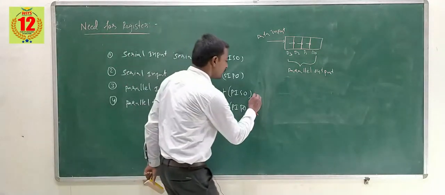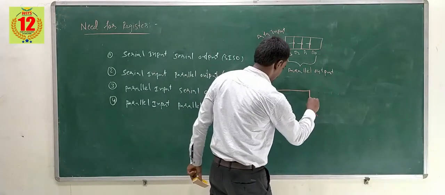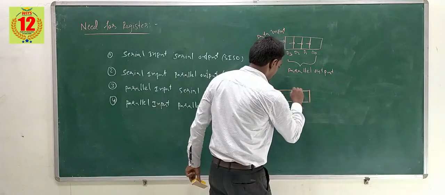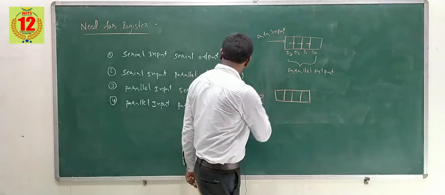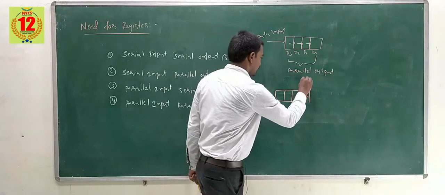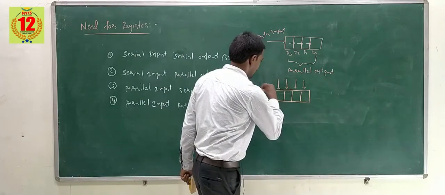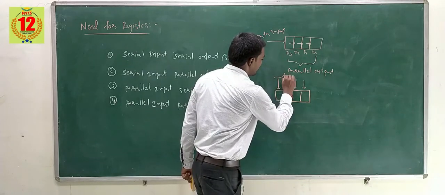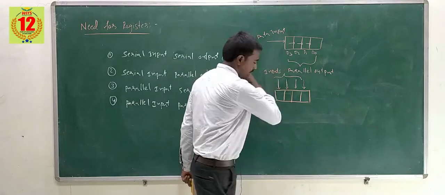Coming to the third one, parallel input. Take 4 bits of data, parallel input, that is D0. Here all these bits are given as inputs.